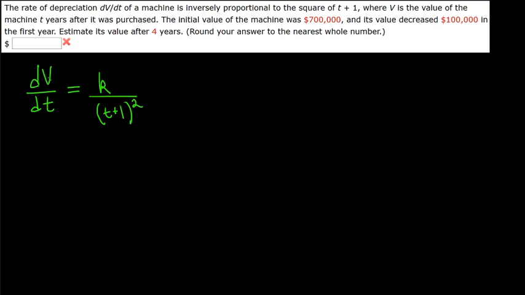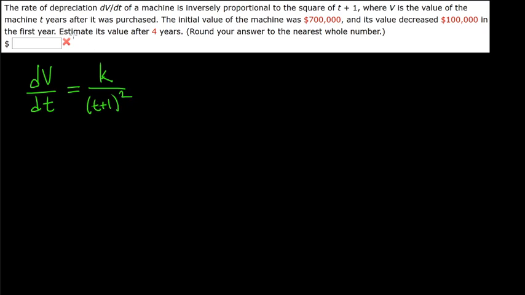Okay, so the derivative of v is inversely proportional, right? So it's going to be k times 1 over t plus 1 squared. So I think that's fine. Let me just make that a little bit more clear, right? So this is k divided by t plus 1 squared.